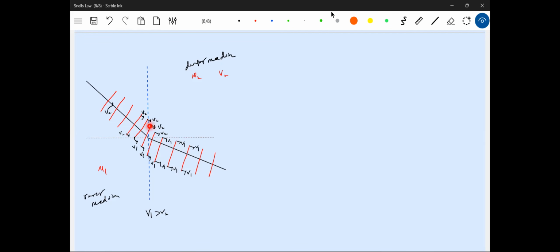The reason for that: this particular point A, this is a point B. The B will now traverse in the rare medium. So in a given interval of time, it has to cover more distance than the A. So you can see this distance will be more than this. So therefore the wavefront has to bend.